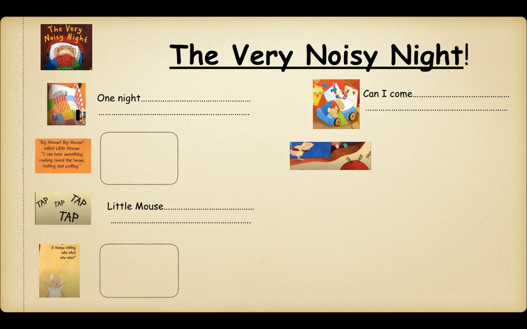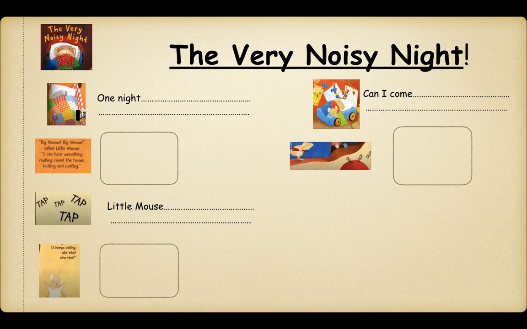And the next one, we've got Little Mouse there. He seems to have an umbrella, and on the right hand side there, above the red thing, supposed to be an umbrella, it's drip, drip, drip. Can you remember what was making the drip, drip, drip sound? Can you draw a picture of what was making the drip, drip, drip sound?